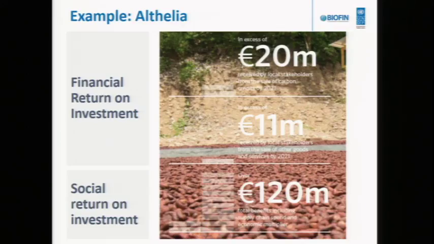Here's an example from a very interesting fund that's investing in biodiversity and carbon, the Althelia Fund. Andrew Mitchell mentioned it earlier, but this is a look at some of their financial return on investment and social return on investment. The top number, the 20 million, the small print says it's 20 million euros received by local stakeholders from the sale of carbon credits by 2021.